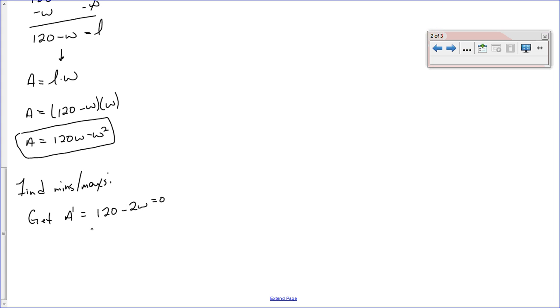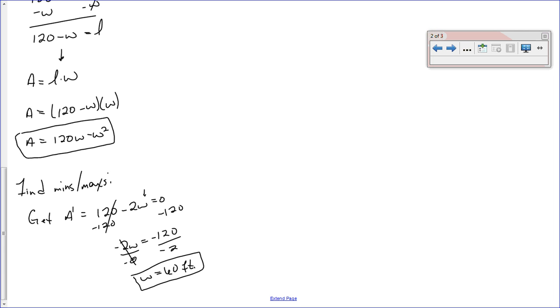Now we solve for W. Minus 120, minus 120. Negative 2W equals negative 120. Divide both sides by negative 2, and W equals 60. I'm sorry, 60, I wrote 20 by mistake. And that is, of course, in feet.